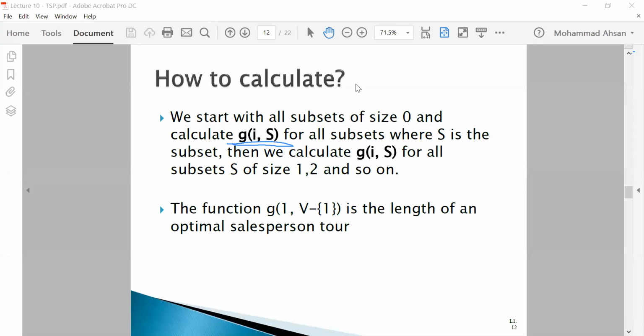If I have given you that your starting point is 1, you have to find the cost. G is the function which determines the cost. You have to find the cost of going from 1, visiting all the intermediate vertices except for 1, because you started at 1, no vertex is repeated, and coming back to 1.